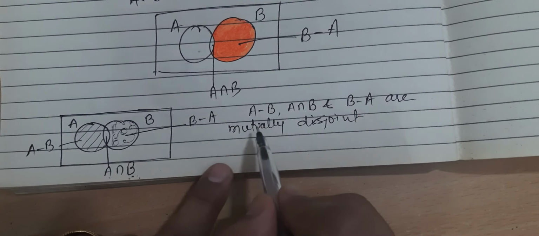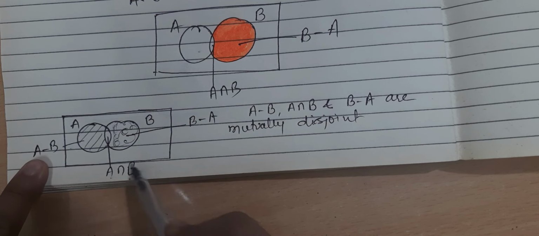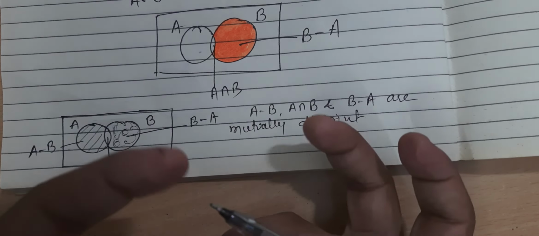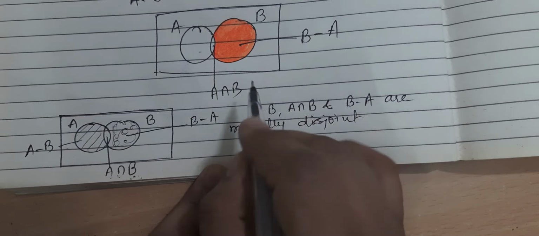If you take the intersection between A minus B and A intersection B, it is phi only. A intersection B and B minus A, phi. So this is a very important result.